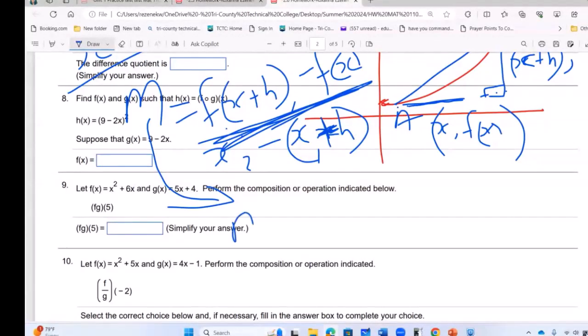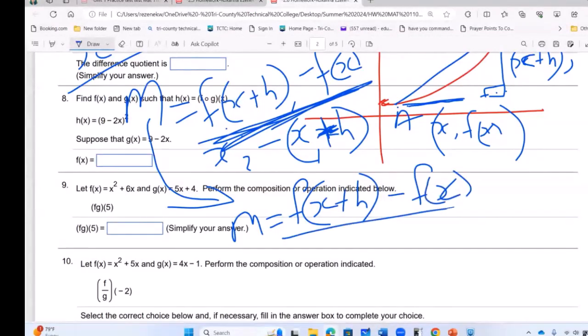is slope equals f of x plus h, which is y2 minus y1 all over x2 minus x1 plus h. So we will take away x1, let's call them just x.